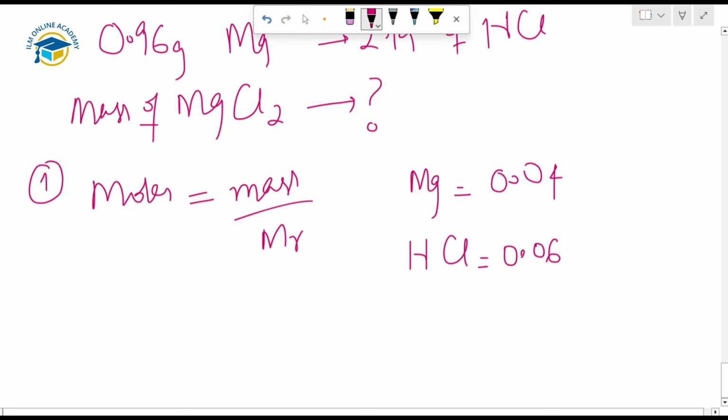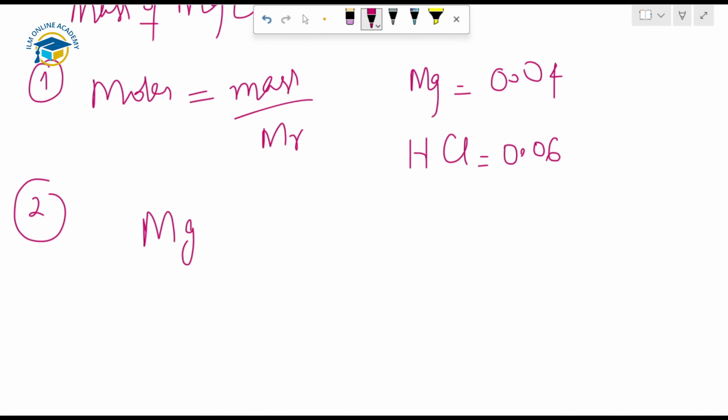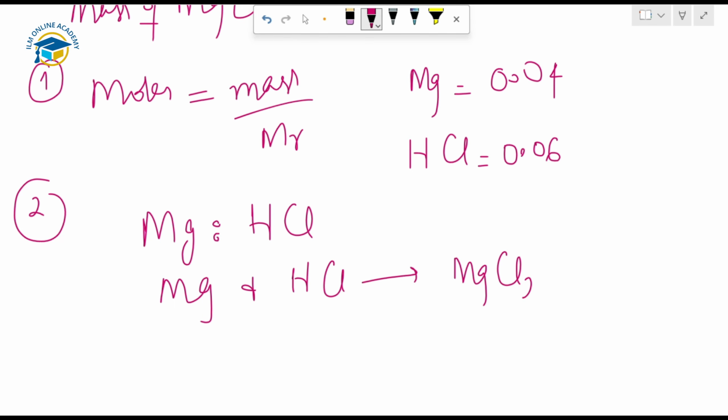The second step is to use the molar ratio of the reactants to determine which one is the limiting reagent. You can check the molar ratio of magnesium to hydrochloric acid, as these two are present in our chemical equation. From the equation, magnesium plus hydrochloric acid react together and form magnesium chloride, MgCl2, plus hydrogen.